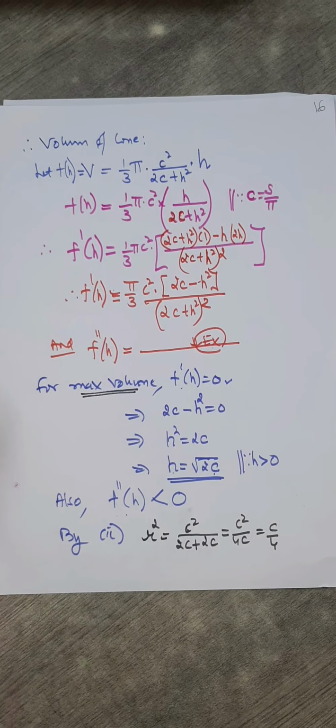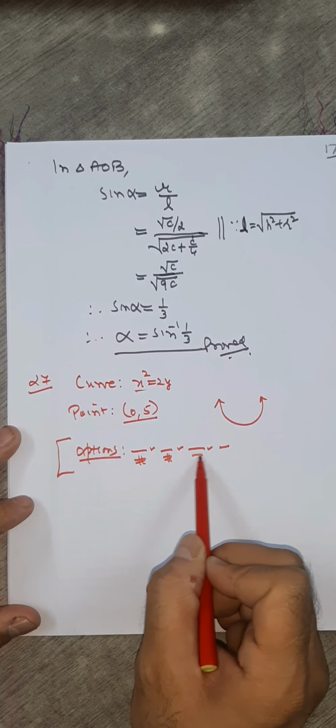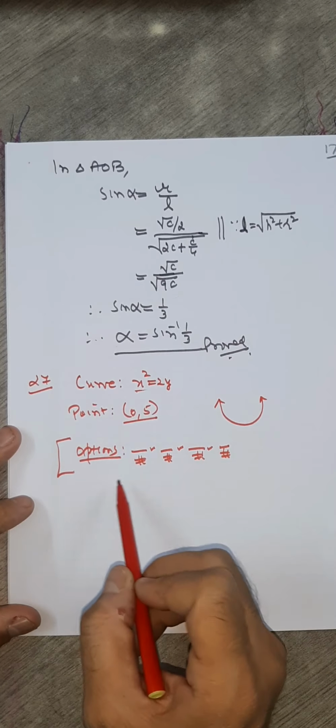In MCQs you can do directly from the options. You see which option satisfies this parabola. From the options, you see which option satisfies the equation of the parabola. That's the first thing. You find one option from there, and then suppose there are 2 options or all 4 options that satisfy the equation of the parabola.